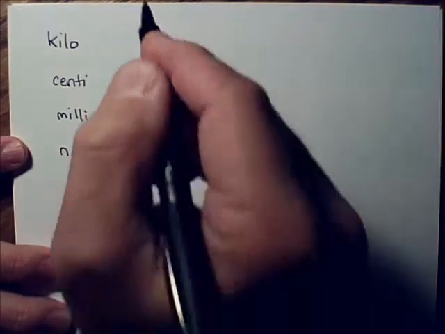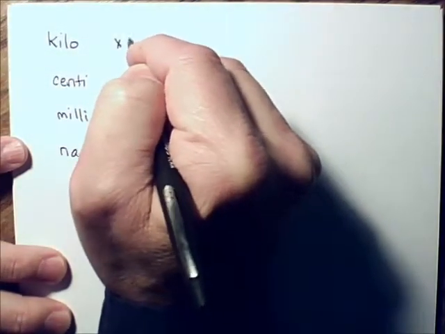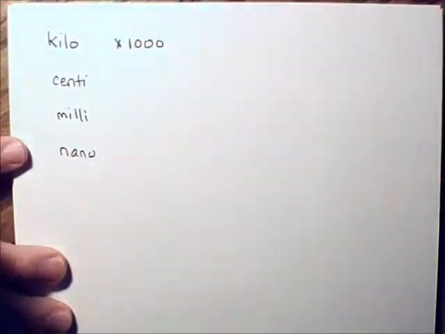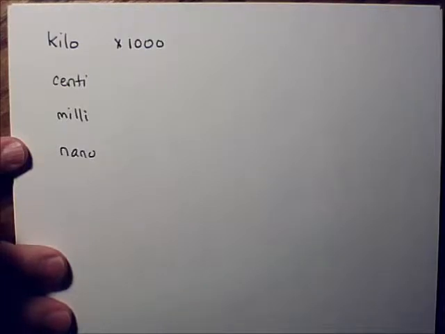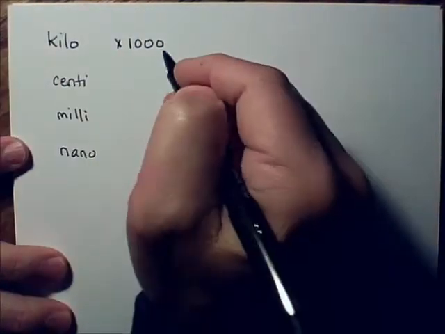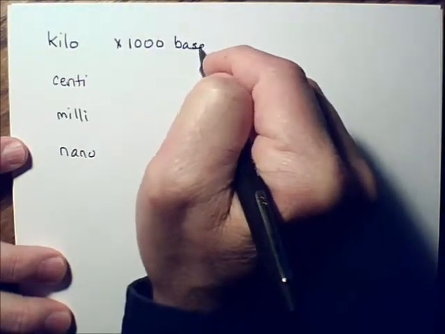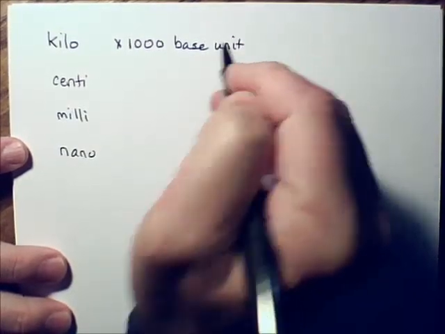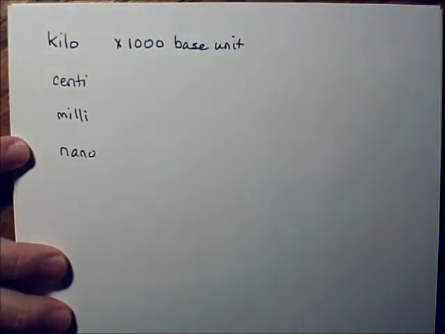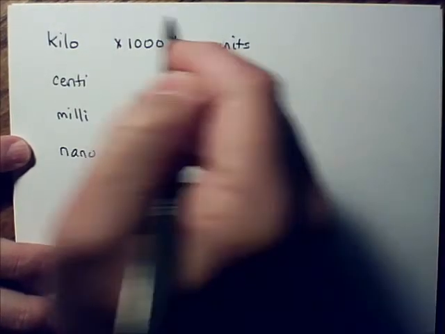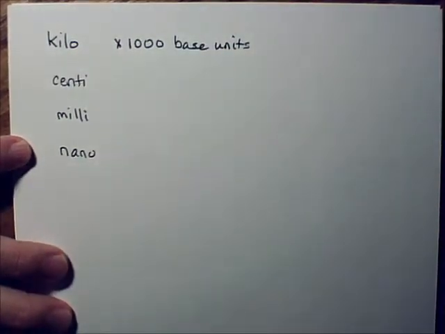So kilo means times 1,000 of the base unit. Okay? Times 1,000 base units. The base units, again, can be any of the basic units without the prefixes that we use in the metric system: grams, liters, joules.